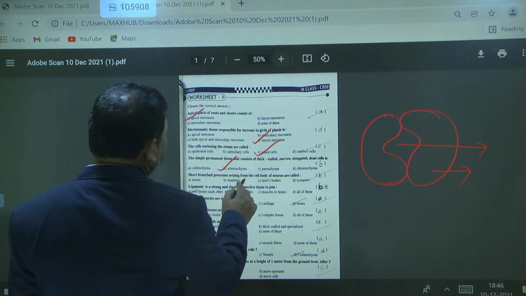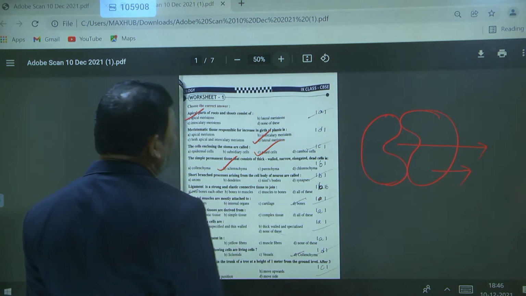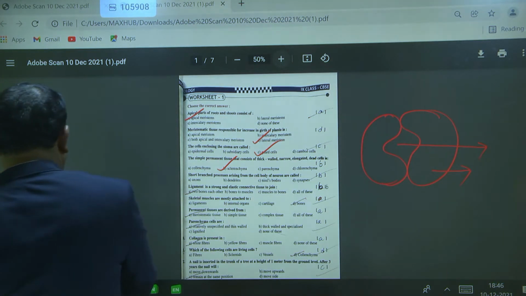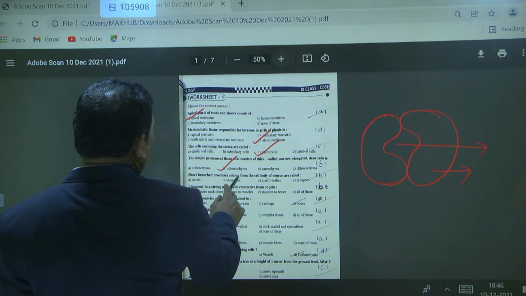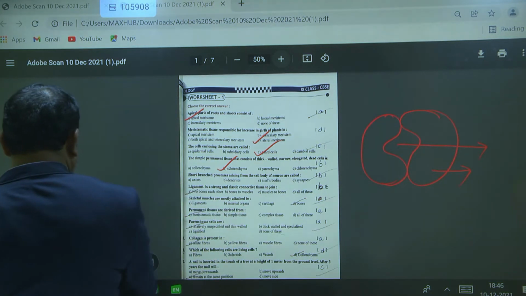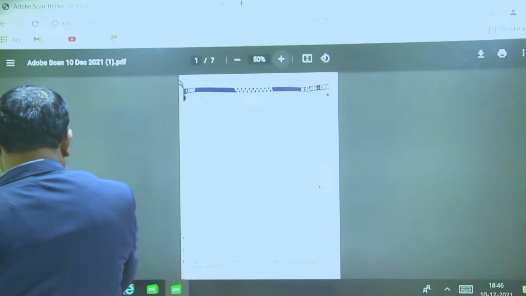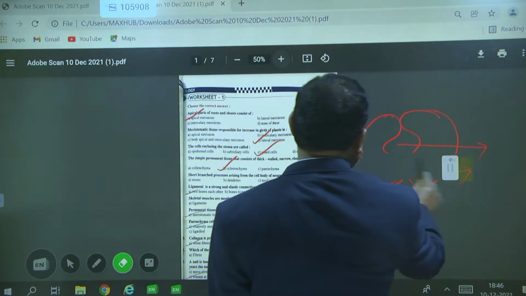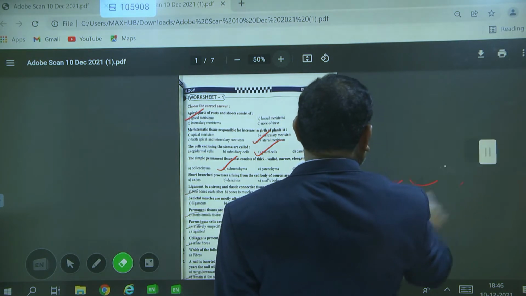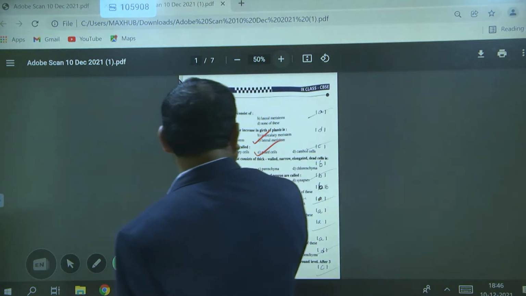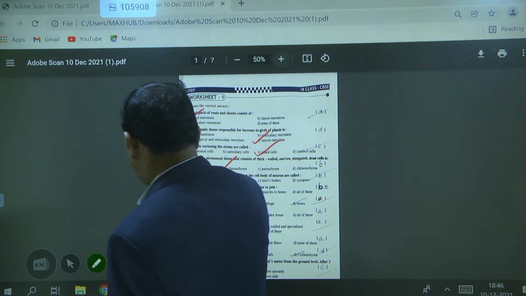Coming to the next point. Short branched process arising from the cell body of the neuron is called. What are the options, sir? First one is the axon, second one is the dendrite, third one is Nissl bodies, and fourth one is the synapse.